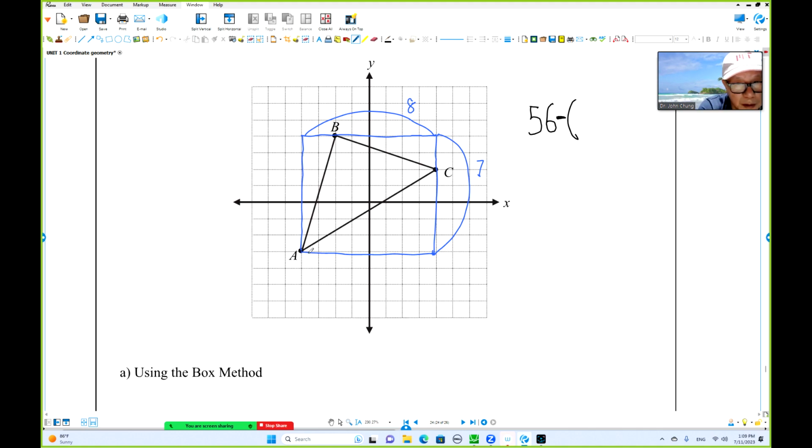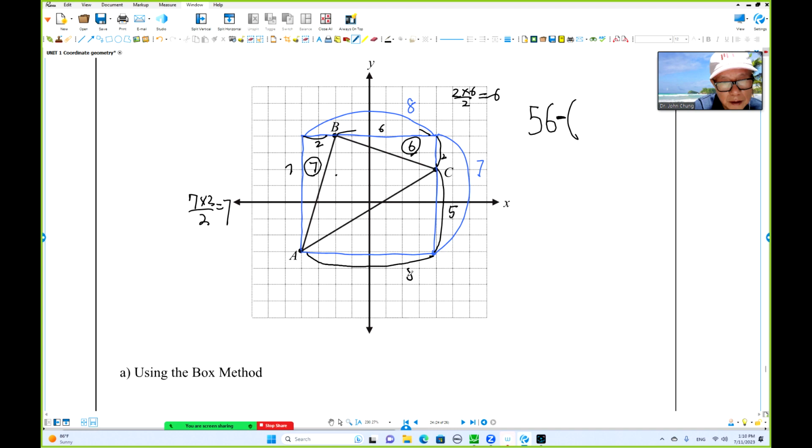The first one over here, 7 times 2. 7 times 2 and divided by 2 equals 7 is the area of this one. Circle. This is 2. This is 6. 2 times 6 and divided by 2 is 6. This area is 6. The other one is over here, how much? 5.